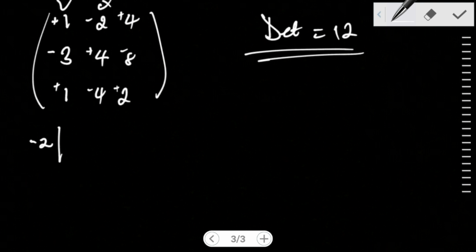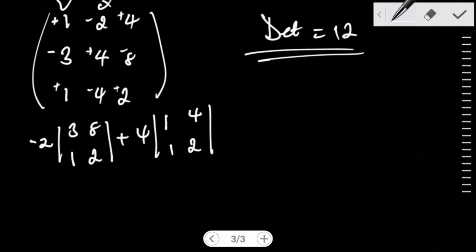So that means that I'm having 3, 8, 1, 2. So then plus 4 into, now I'm dealing with 4. That means that I'm going to be having 1, 4, 1, 2.